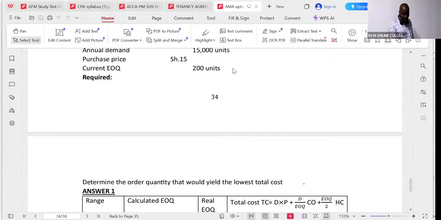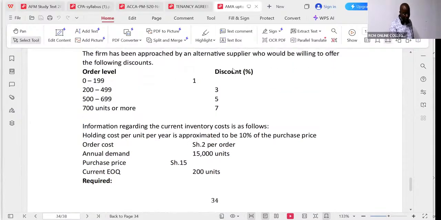First of all, I'll draw this general skeleton where I start with the order level, the bands. The order level: 0 to 199, 200 to 499, 500 to 699, 700 to infinity.